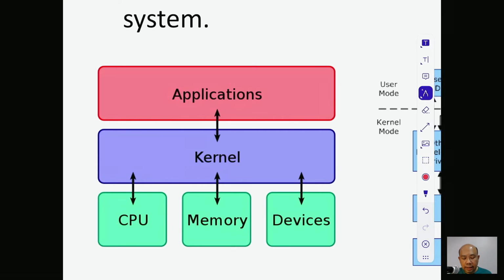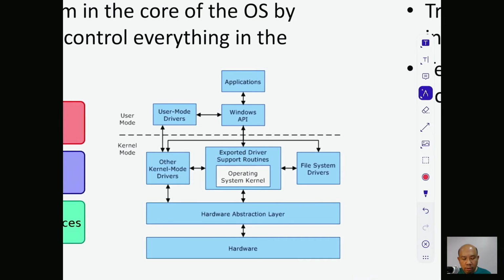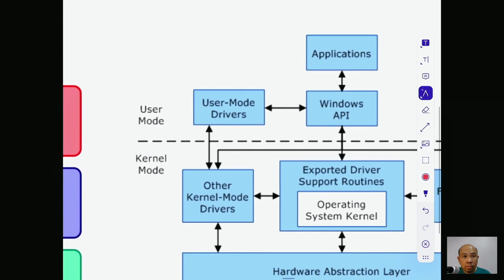In this concept, these are blocks in the Windows system, with some small modules removed to show only the main modules inside the operating system. Windows and operating systems today divide the locations into user mode and kernel mode.